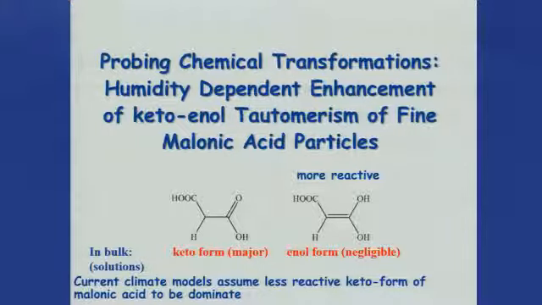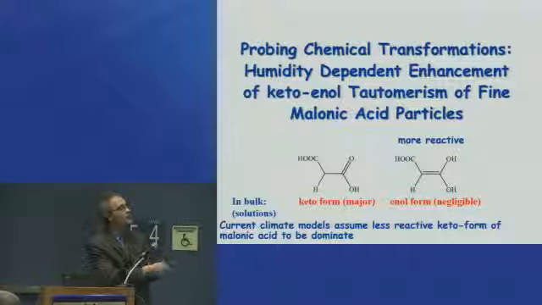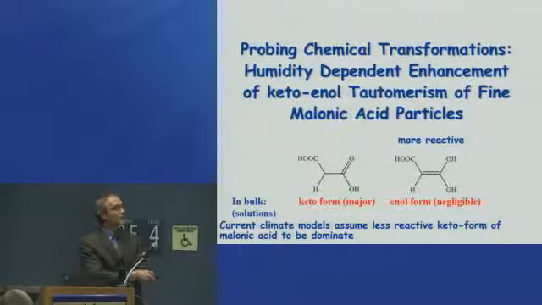Just to give you an idea, if you look at the organic chemistry textbooks, you'll find that the keto form in solution is by far the most dominant form. What we, however, showed, and I will give you very briefly experimental evidence for that, is in fact that when we have our deliquescent malonic acid droplets, the equilibrium shifts in a very significant way towards the enol form.